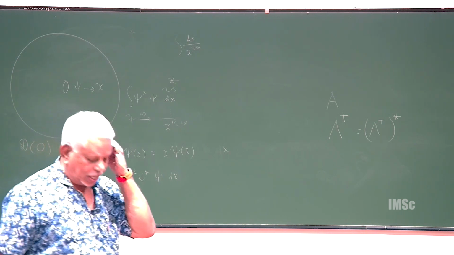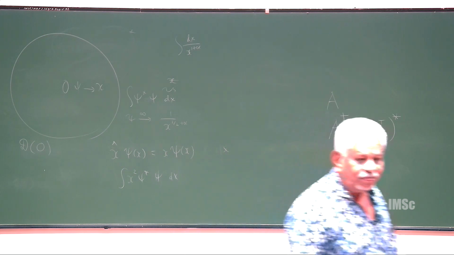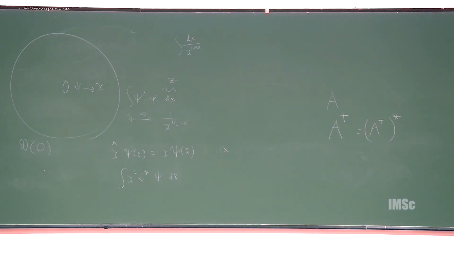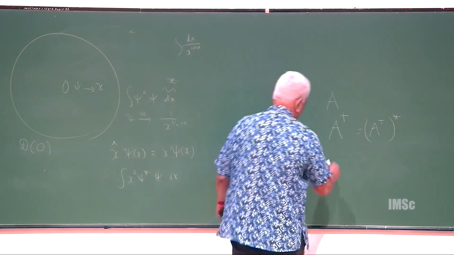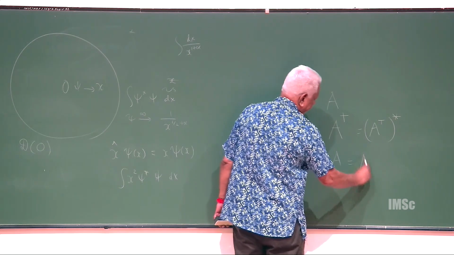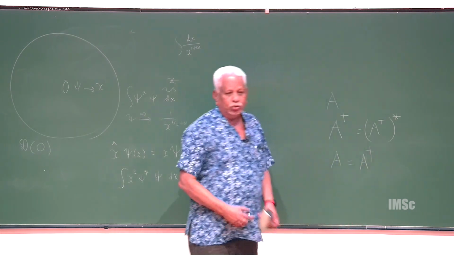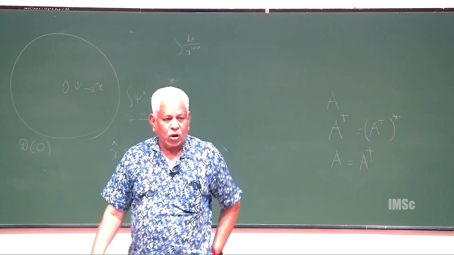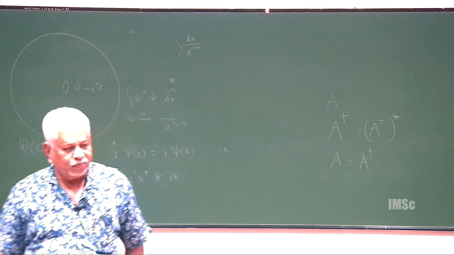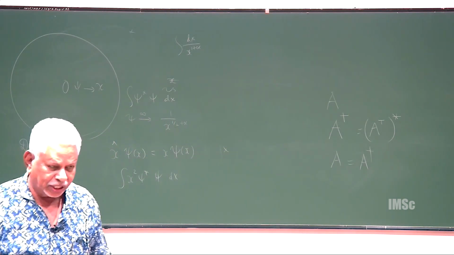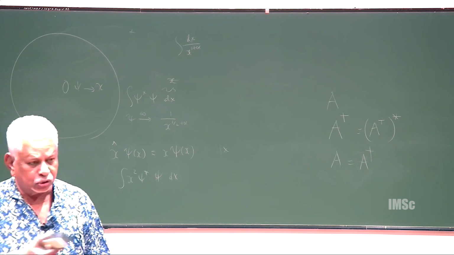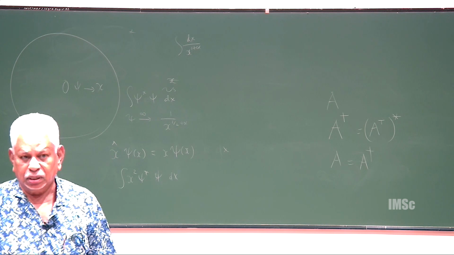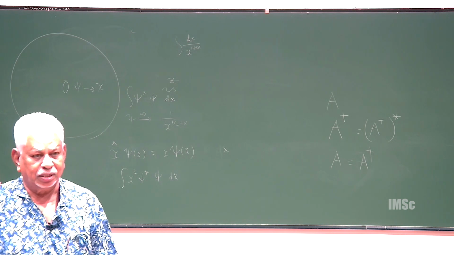Then you say an operator is self-adjoint or Hermitian if A is equal to A dagger. I hope that statement is known to everyone. Yes or no? Please tell me.